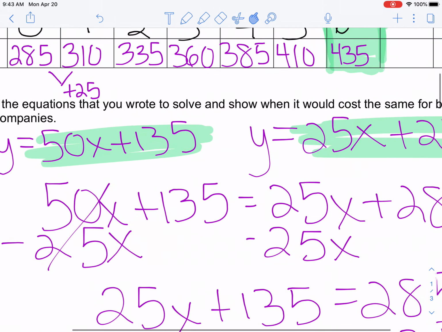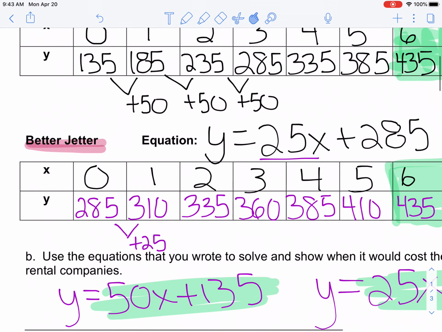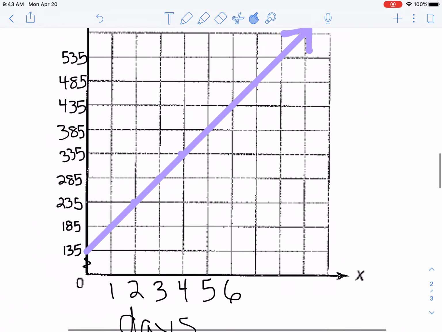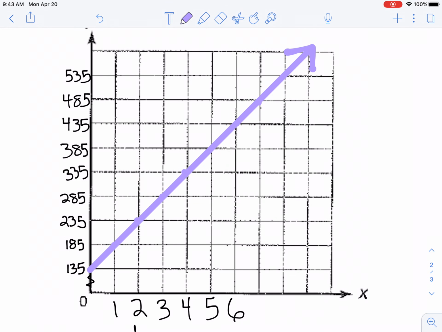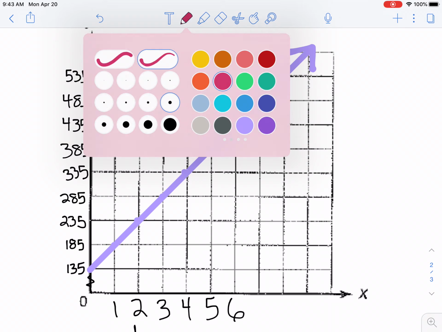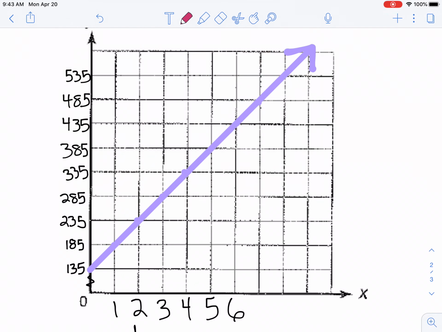I'm going to go back up and see, I made that one like a pinkish red. Okay, so we'll go with this color. And it's going to be 0 to 85, 1, 310. So this is where it's going to become tricky.